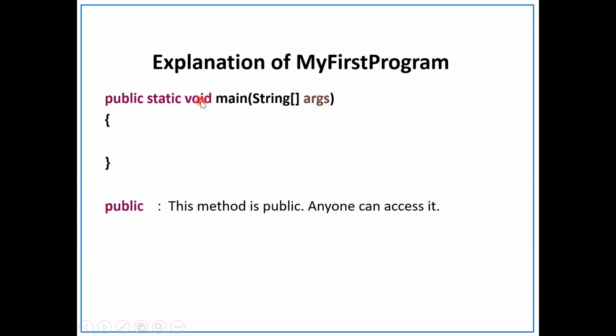It means anyone can access it. If it is a public method, even another class also can access this main method. That is the meaning of public. Public is an access modifier, right? For now, you can understand this main method is a public method.